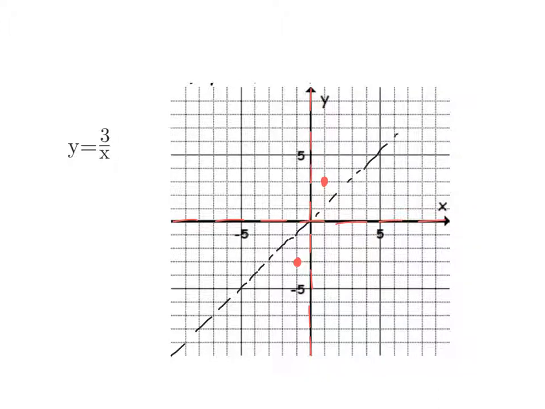Like the parent graph would be symmetric across y equals x. So I'm going to have a point that mirrors from this on across that as well, and this one across there as well. So my other point here is going to be at 3, 1, and this one is going to be at -3, -1.